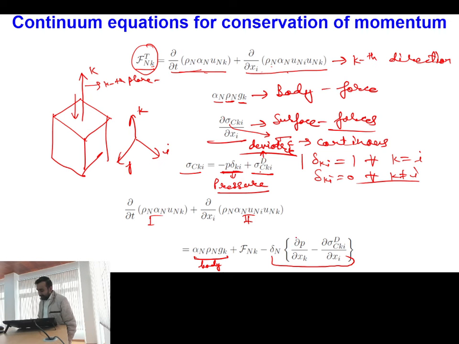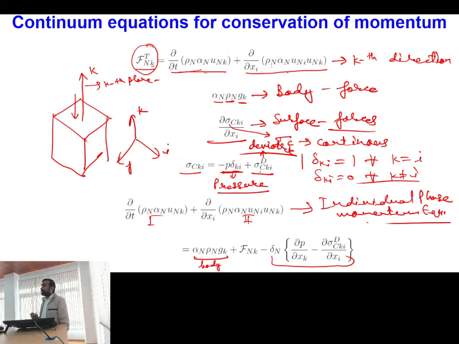And this pressure gradient will only be applicable where? Ultimately, this equation is becoming the individual phase momentum equation. What is this? This is my individual phase momentum equation.